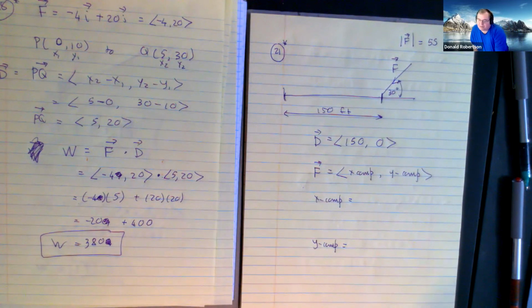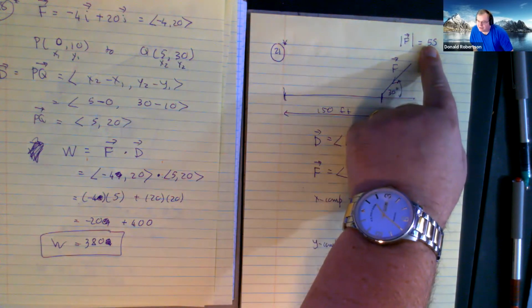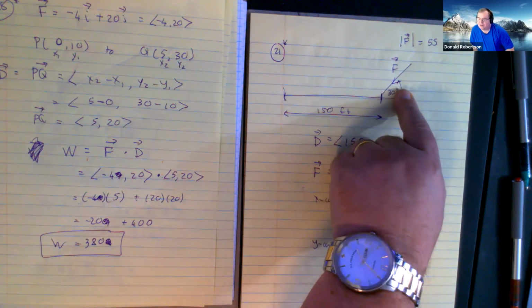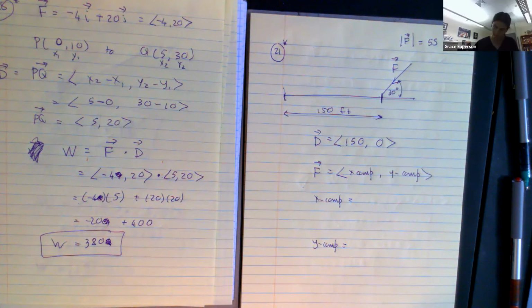Can anybody remember finding the x and y components of a vector whose magnitude is 55 and makes an angle of 30 degrees? Can you remember the formula?